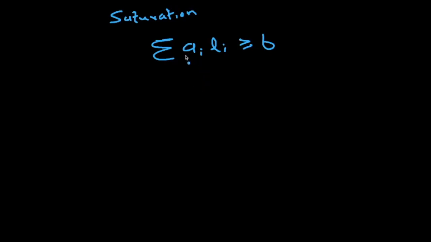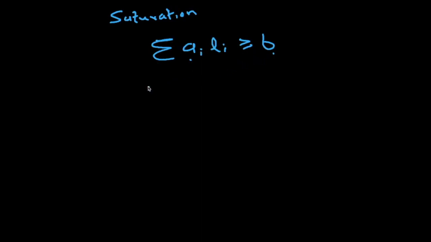Okay, so let's start with saturation. This is very, very simple, right? Our constraint was the sum of ai li greater or equal to B. Sometimes it happens that these coefficients ai are bigger than B. If that corresponding li takes value 1, then this left hand side is entirely covered, so it is completely satisfied.